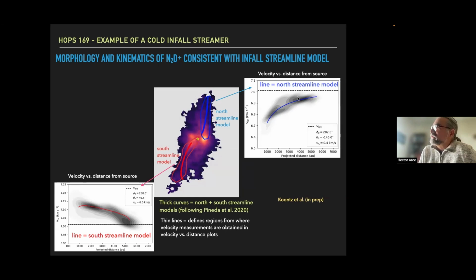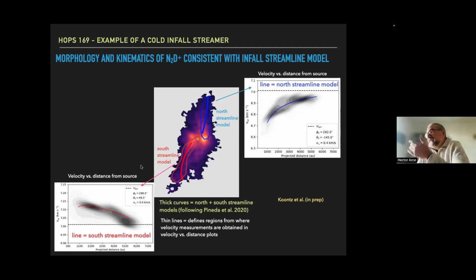We could see that both the structure of the emission as well as the velocity, as shown here in the grayscale, are consistent with gravitational infall streamers shown by the lines, both in blue and red.